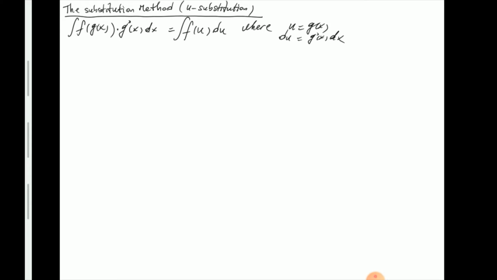So that's also learned from Calculus 1. If you remember, if u is a function of x, the change in u, or the differential of u, for a corresponding small change in x, is g'(x) dx.